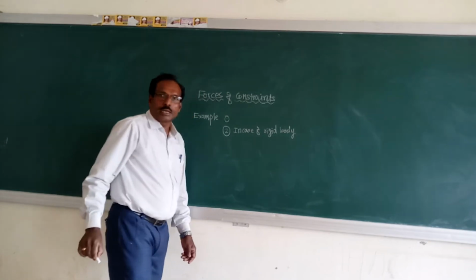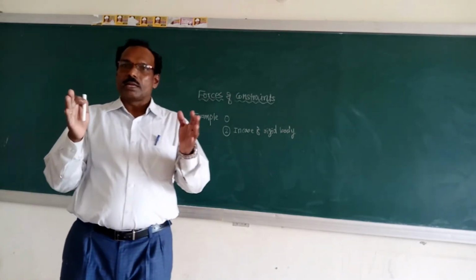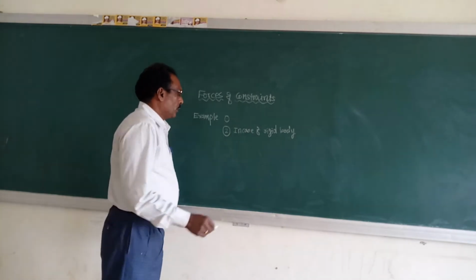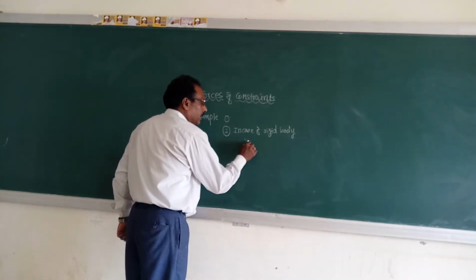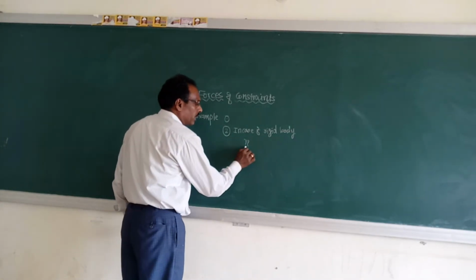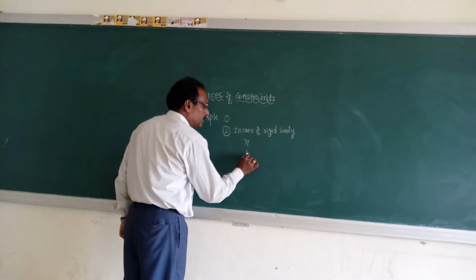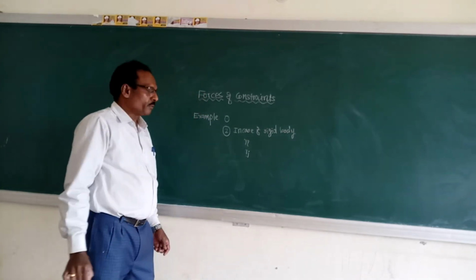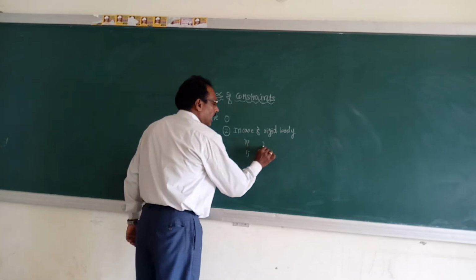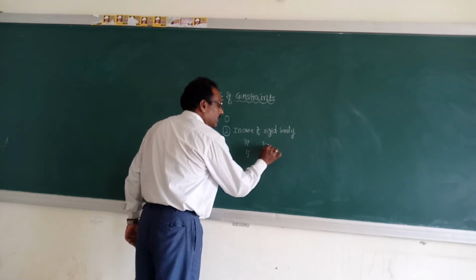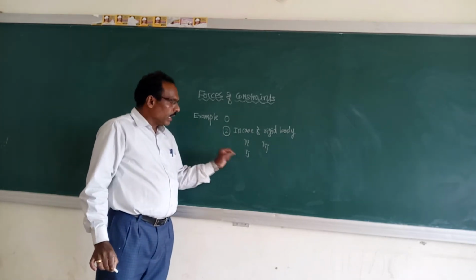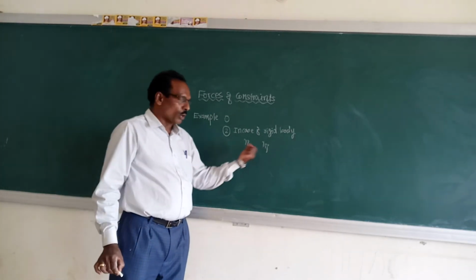Another example, if we have a rigid body, we know in case of a rigid body the distance between any two particles is always constant. If ri is the position vector of the ith particle, rj is the position vector of the jth particle, say rij is the distance between the ith particle and the jth particle, which is constant.